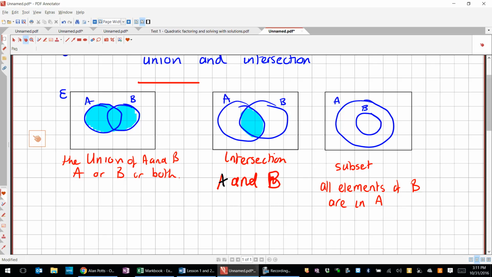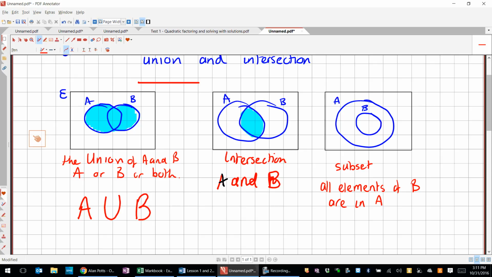And this notation is this. The union is A, funnily enough, a U without the line coming down, and B. So that's A union B. If you see those symbols, A with a U in the middle, it means union.